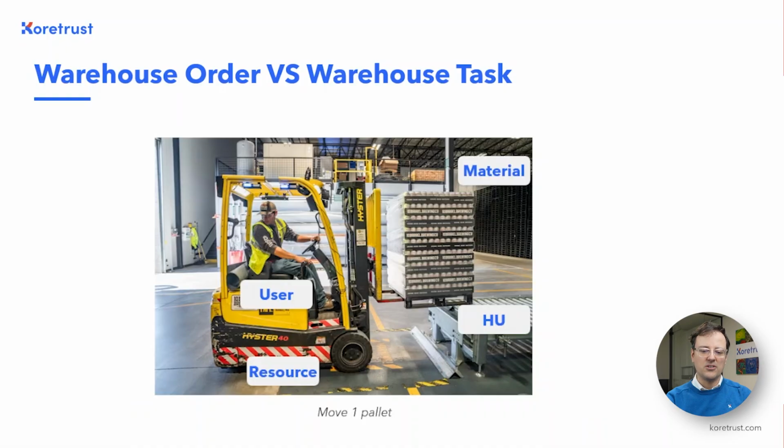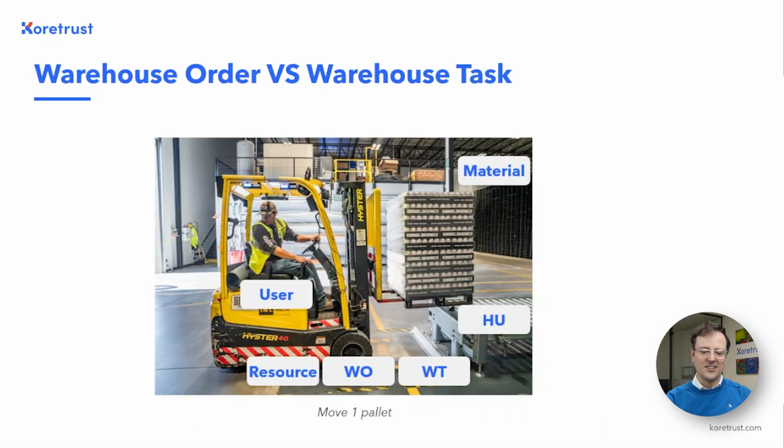But one way or another, Tom's user is logging into the RF resource forklift and is starting to execute a specific warehouse order. And in this case, let's assume this is one move of the handling unit. So there's a single task, move the handling unit from a specific bin to another bin, so from a source bin to a destination bin. And this warehouse order is assigned to Tom's resource.